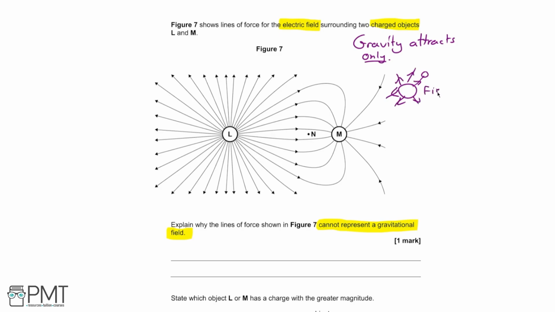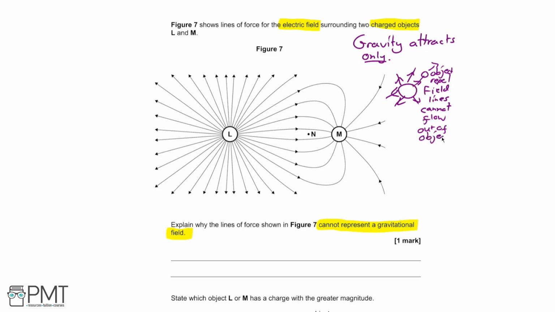So field lines cannot come out, because this represents the direction of the force that would act on the other object. What this means is that if I am this second object here, then I'm going to get repelled. And masses never repel, they only attract.